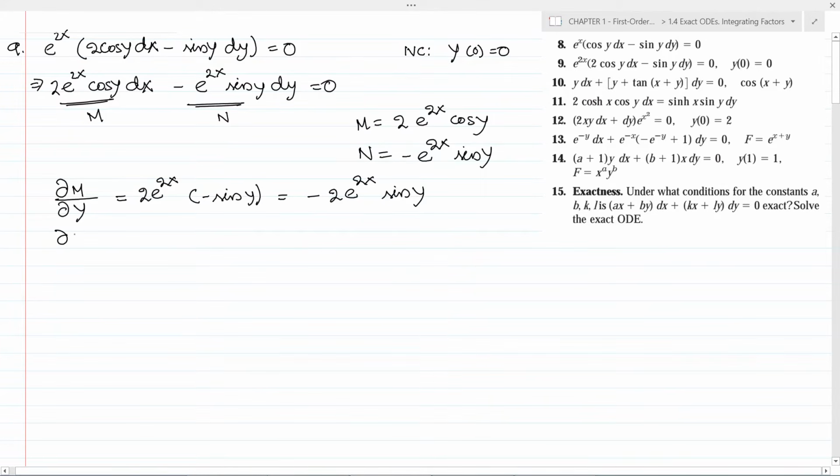Now, we will calculate del n by del x, which is equal to, sin y is a constant, so this is equal to minus sin y multiplied by the derivative of e to the power 2x with respect to x. So, that is 2 e to the power 2x, which can be written as minus 2 e to the power 2x sin y. We see that del m by del y is equal to del n by del x.